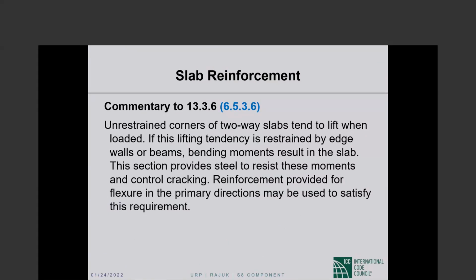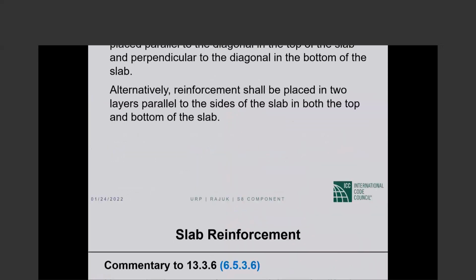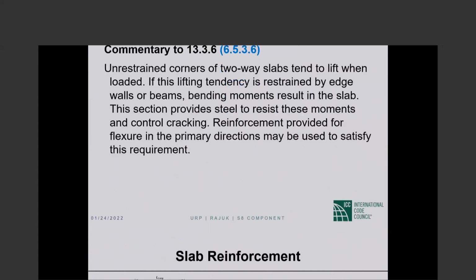If this lifting tendency is restrained by edge walls or beams, bending moments result in the slab. So the slab wants to lift off, you are not letting it lift off, and that will set off bending moments in the beams. This section of the code provides steel to resist these moments and control cracking. Reinforcement provided for flexure, etc. Those are details that I'll let you read up.